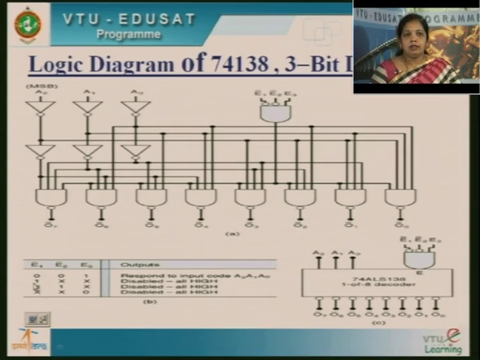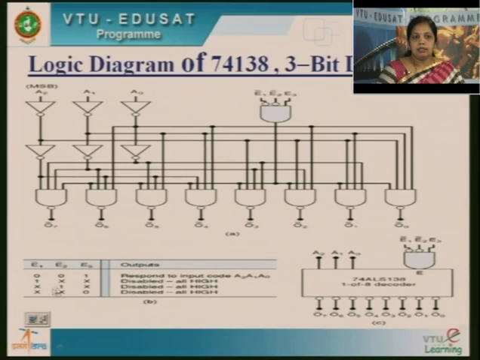So if any one of these three doesn't obey the rule, like these two should be active low and this should be active high, then your decoder is disabled. So you can just see in the truth table, if E1 complement and E2 complement are both active low, and E3 is active high, then only it will respond to whatever input you give to the decoder.